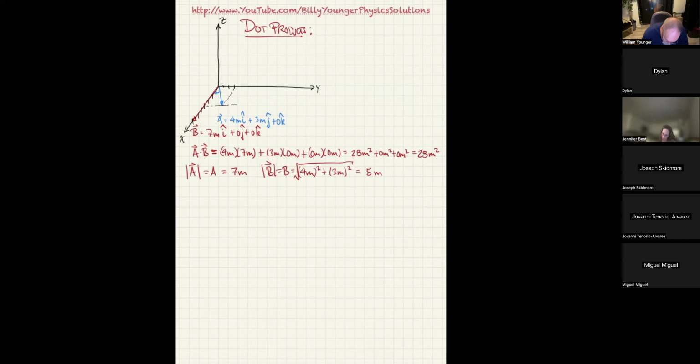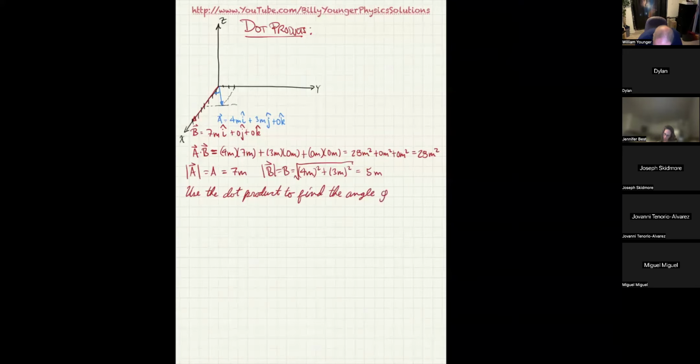So now what I'm going to do is use the dot product to find the angle phi between A and B. Okay.